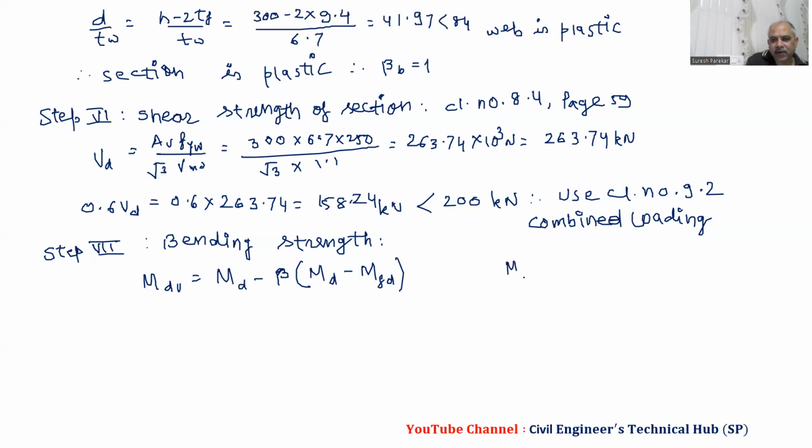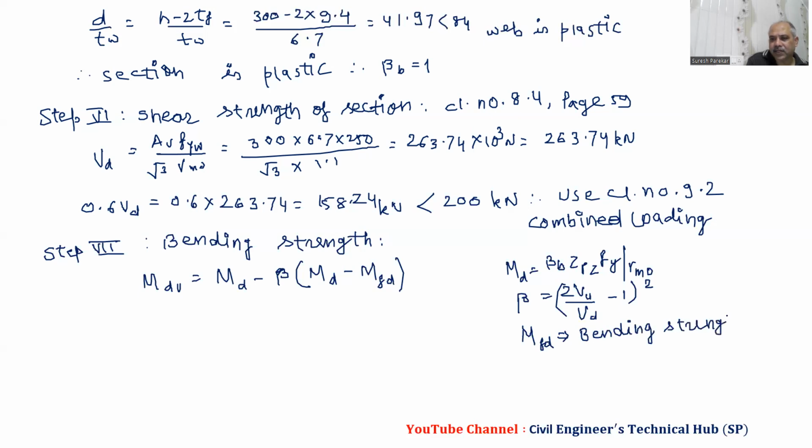Now Md we know is beta B ZPZ Fy upon gamma M0. The value of beta is the formula 2VU upon VD minus 1 whole square, and Mfd is the bending strength due to flanges only. We have to neglect the web.